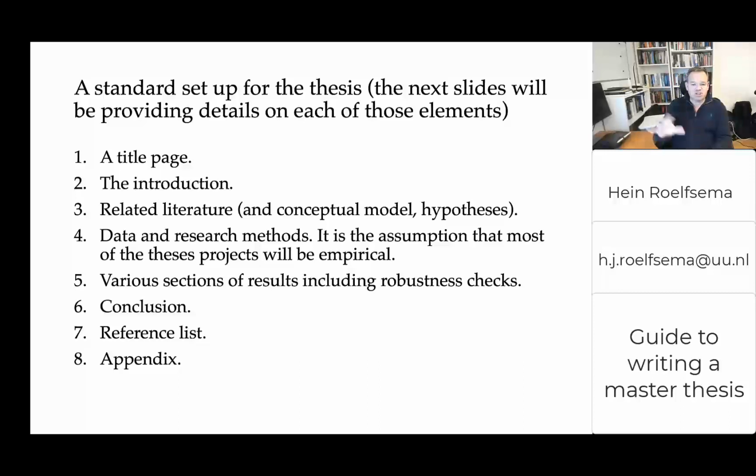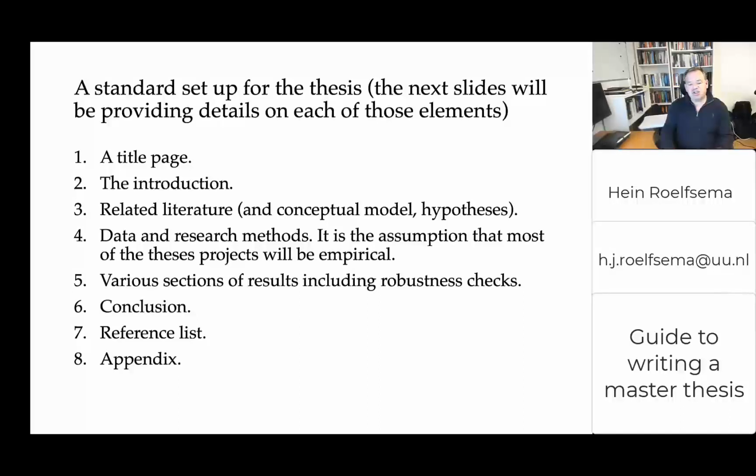So this is just a starting slide, and I've put down these eight quite general sections. Maybe you can see it as an article with sections, and you should start with the title page, and I'll come back to what should be on it. You think this is minor, but I think this is quite an important part of your thesis.